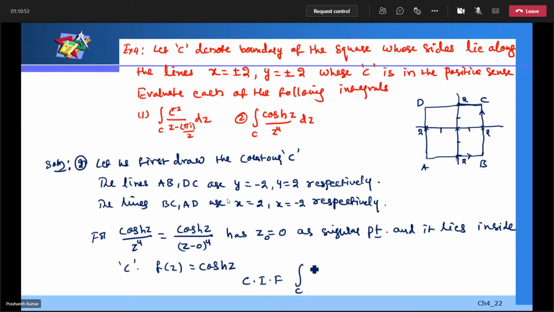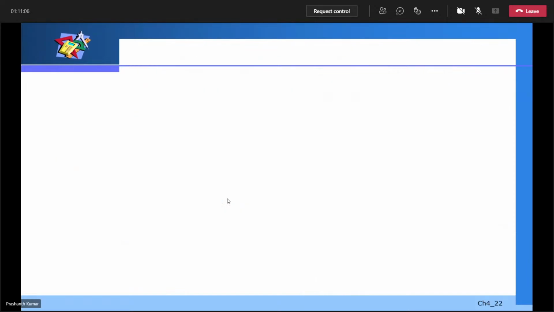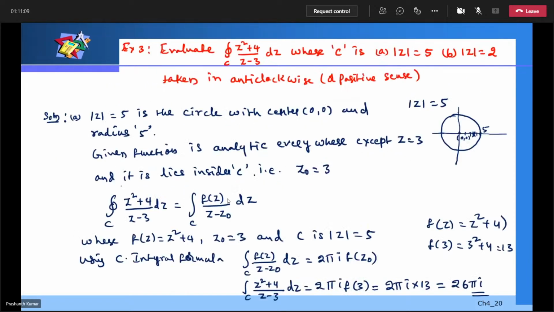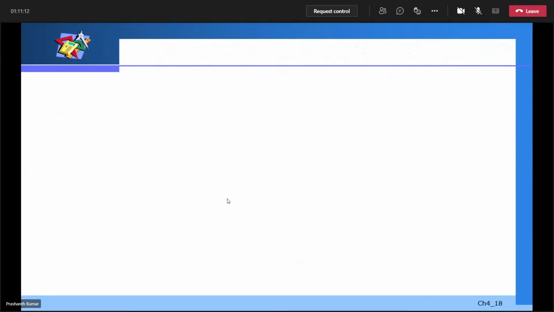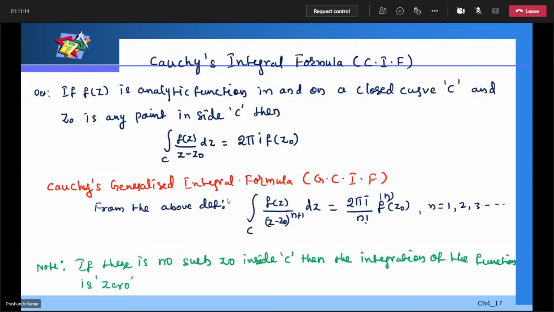We know that the integral over C of f of z by z minus z naught whole to the power of n plus 1 dz is equal to 2 pi i by n factorial into the nth derivative of f at z naught, n is equal to 1, 2, 3. So this is the answer.